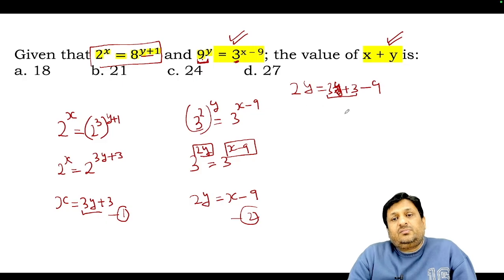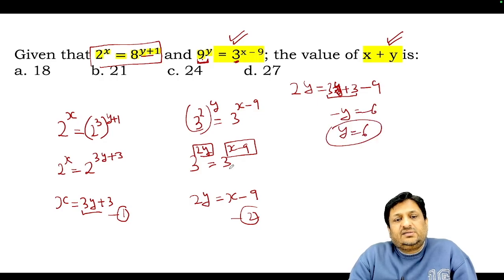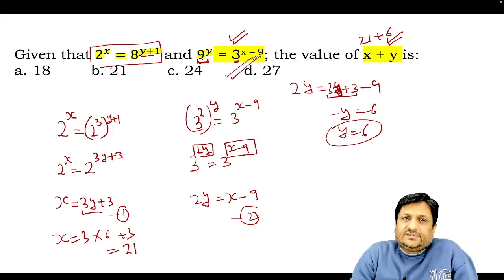So it will become minus y is equal to minus 6, and y comes out as 6. If y is 6, what is the value of x? 3 multiplied by 6 plus 3, which comes out as 21. So x plus y is 21 plus 6, which gives 27 as my answer. Option D for Delhi is my answer. Okay.